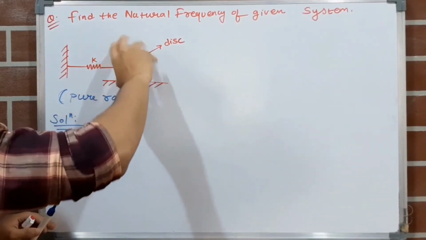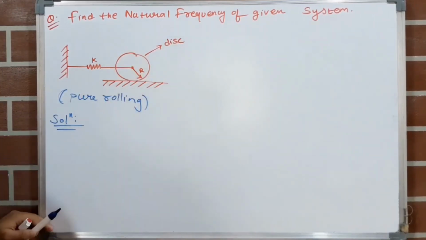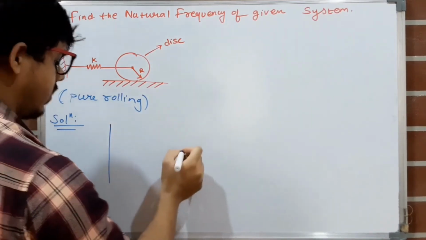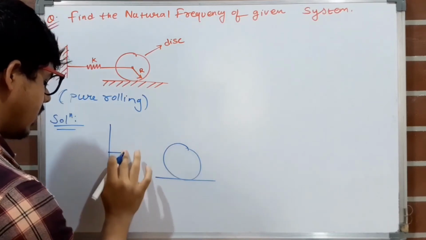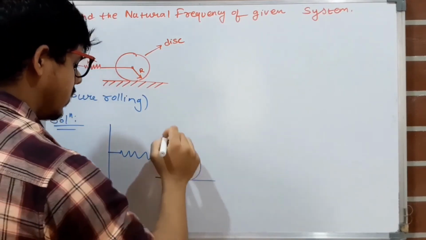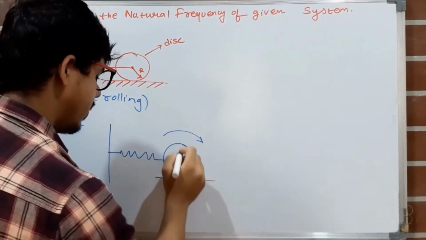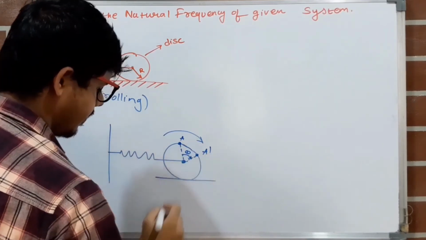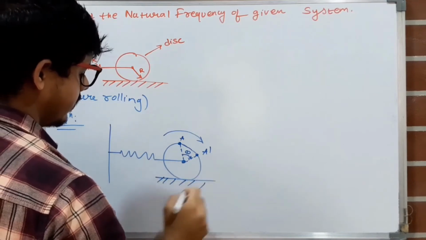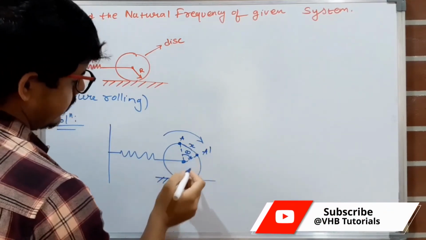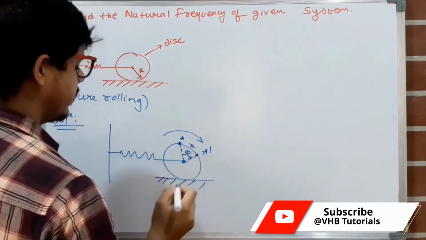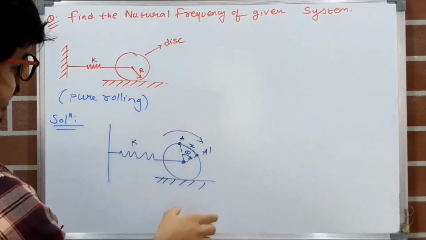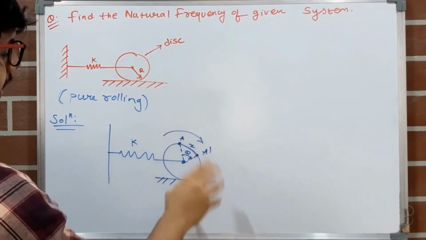here if we give a displacement to the disc by angle theta, I will draw the figure. When we rotate this disc, the disc undergoes an angular displacement.